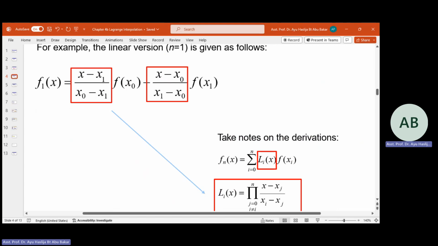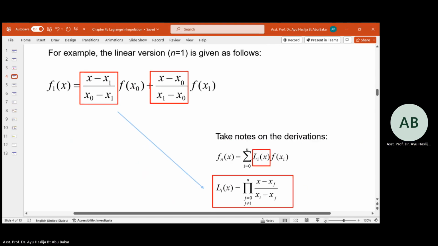This one is similar to just now. Let's say here n equals 1, so this one is L0 and this is L1. Sometimes you can memorize this formula straight away, but it depends on n.